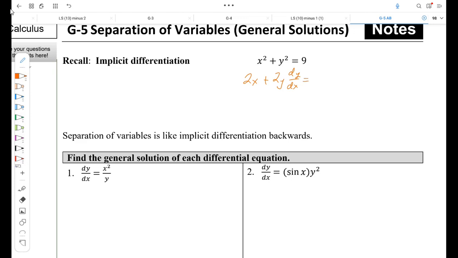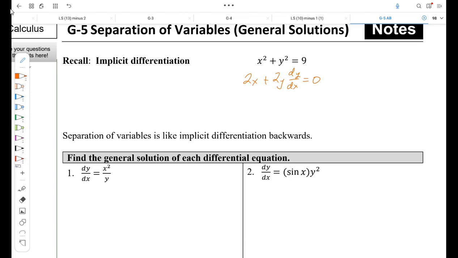And then a minor thing here, but it really brings home the point of what's going on. When I take the derivative of 9, I get 0. That little piece there is why we have this whole general solution, particular solution thing that we're going to see. If I take the derivative, I get 0.